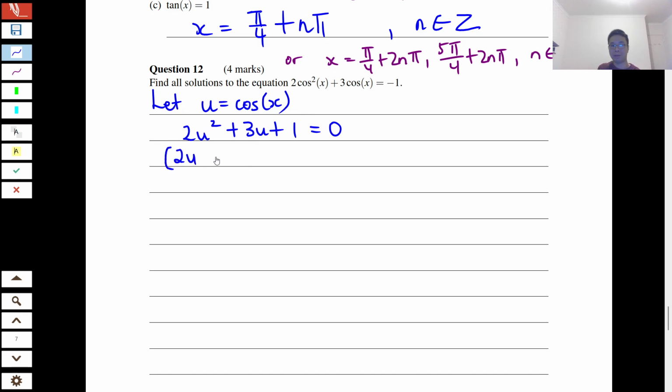And here we can make the factorization, 2u plus 1, u plus 1, noting that 2u times 1 gives me 2u, 1 times u gives me u, and 2u plus u gives me 3u. So u equals negative a half, or u equals negative 1. Now this question says find all solutions, which means we're after the general solution.